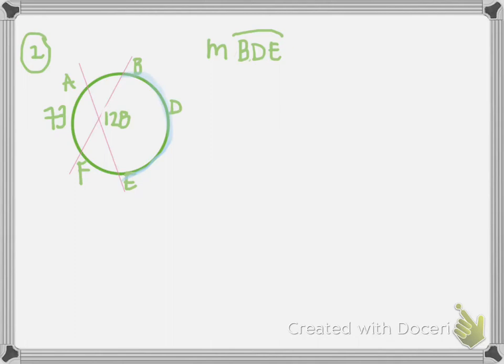The sum of these two arcs halved is going to be equal to that angle. So 128 is equal to 1/2 times 73 plus, let's label this X. Multiply by 2, so 128 times 2 is 256.